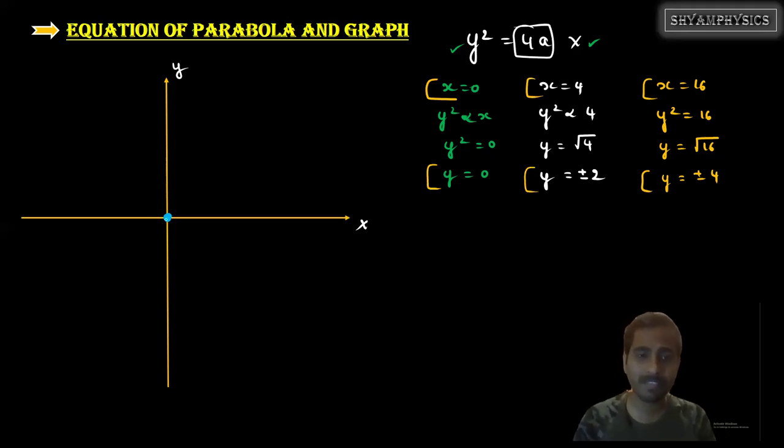Coming to x equals 4, on the x-axis I'm taking one value, that is 4. For this 4, y has two values, one is plus 2, another is minus 2. I'm just drawing the graph. If x equals 16, then y has two values, plus 4 and also minus 4, like this.